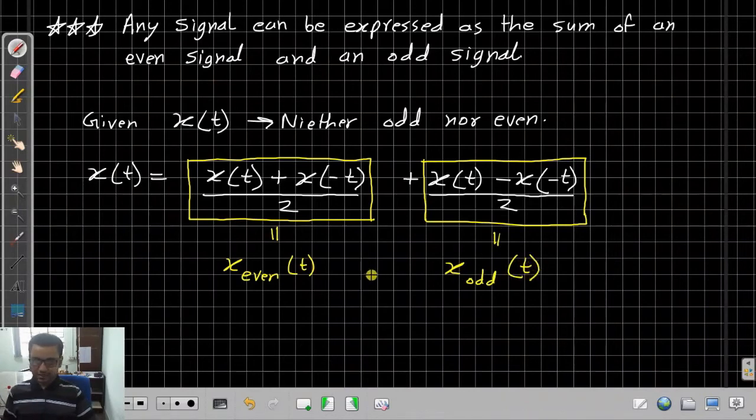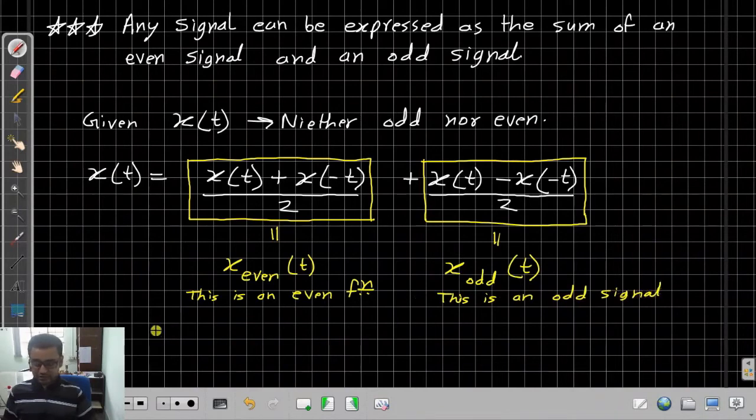Okay. Now you can verify that this function x even is an even function. Okay, let's verify. So I am claiming that this is an even function or even signal, and this is an odd signal.